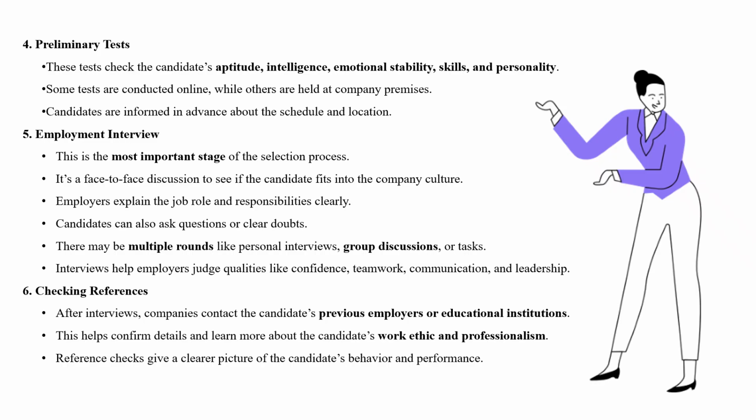Purpose is to verify work experience, behavior, professional ethics, performance, which helps to ensure that the candidate has provided accurate information. For example, suppose Rahul claimed he worked at Infosys for 3 years. So what will HR do? HR will contact Infosys to verify his employment details before issuing the offer letter.